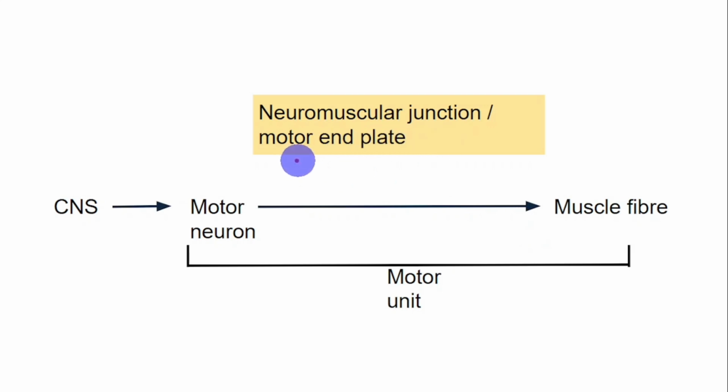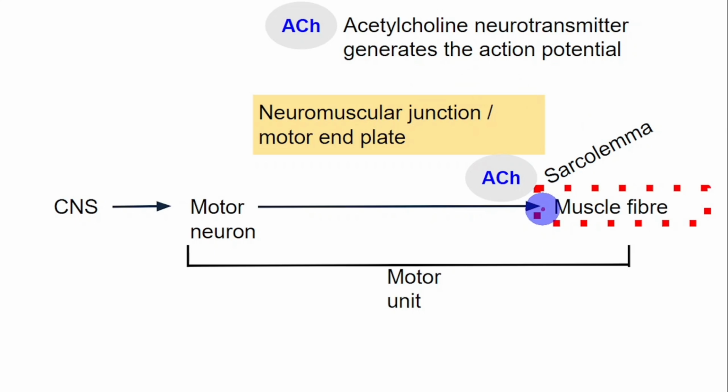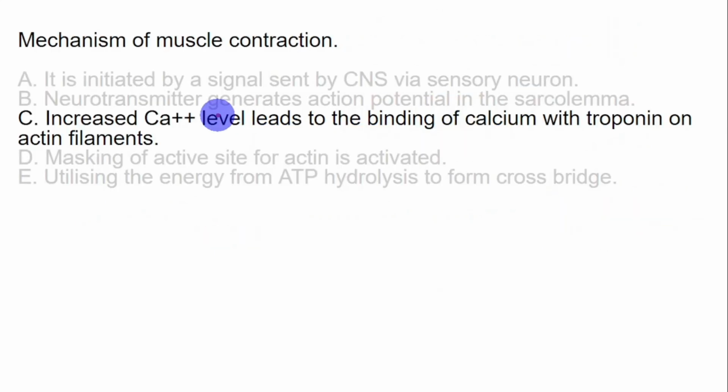It is also called motor end plate. The neurotransmitter is acetylcholine and it generates action potential. So, this is acetylcholine, the neurotransmitter molecule. When it binds the receptors on sarcolemma, it is going to depolarize. That means it will generate action potential on sarcolemma. So, this statement is correct.